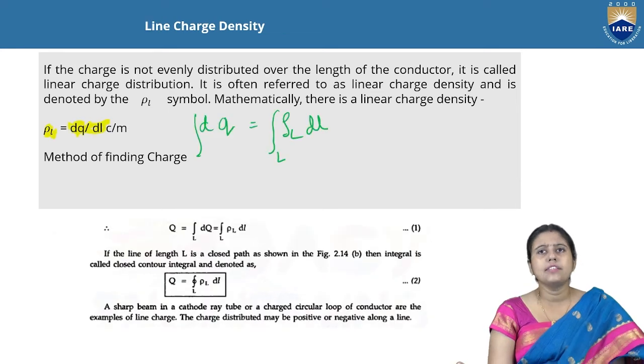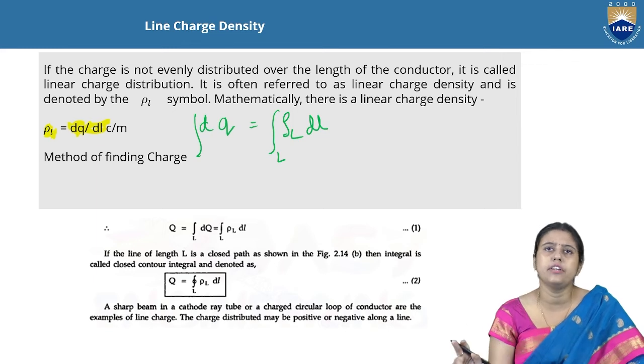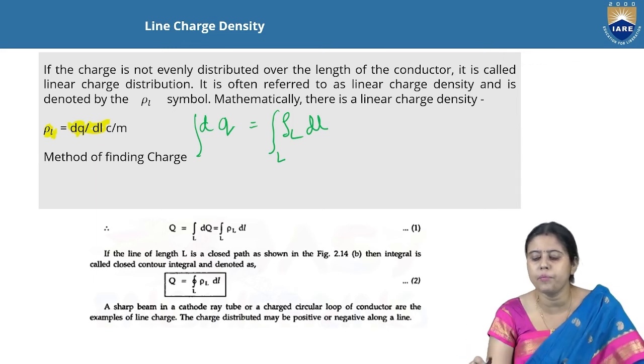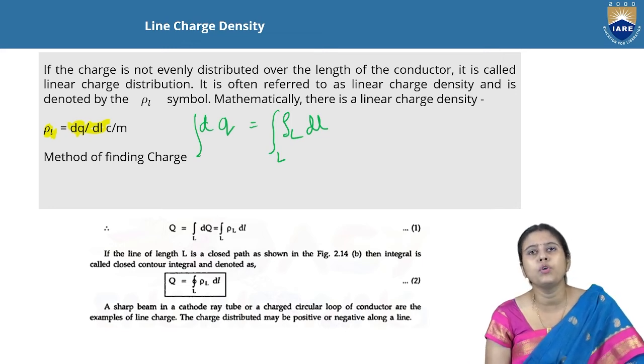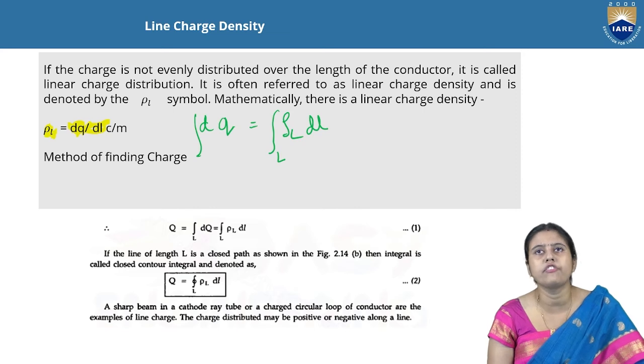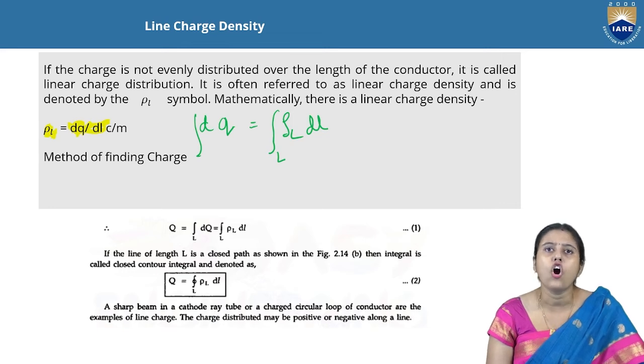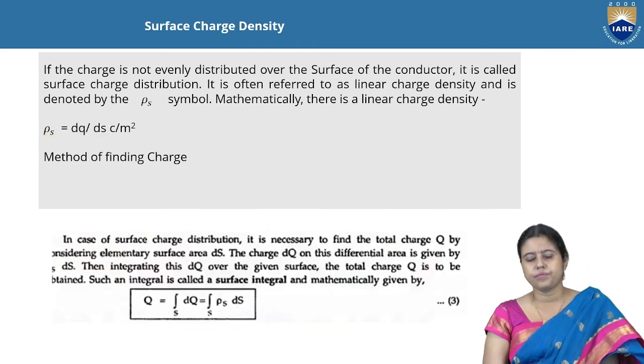As it is along the line, it has only a single dimension, and integration will be one time only. This is the one important thing to remember: while we are calculating the charge from the linear charge density, we have to do the integration only once.